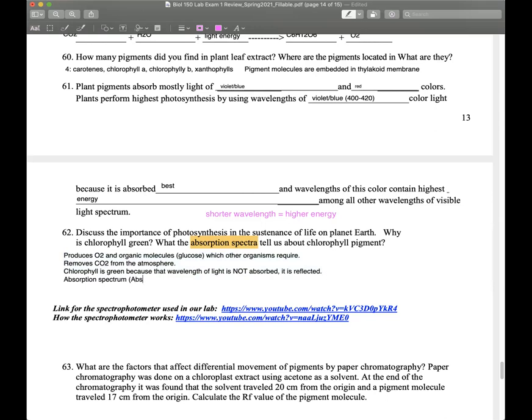We passed different wavelengths of light through this sample of chloroplast, and then this machine, the spectrophotometer, measured how much light was being absorbed, and that's the number it spat out at us. So that absorption spectrum indicated which wavelengths were absorbed the most or the least.